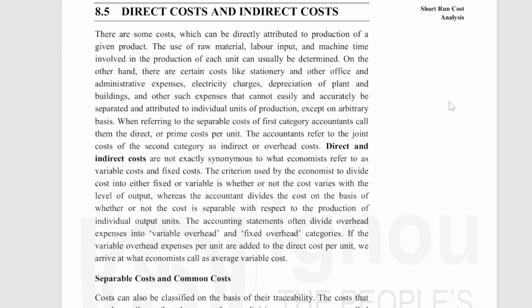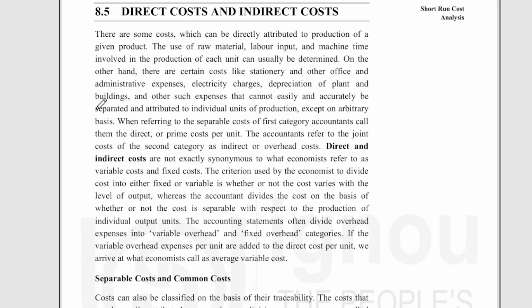On the other hand, there are certain costs like stationery and other office and administrative expenses, electricity charges, depreciation of plant and buildings, and other such expenses that cannot easily and accurately be separated and attributed to an individual unit of production except on an arbitrary basis.